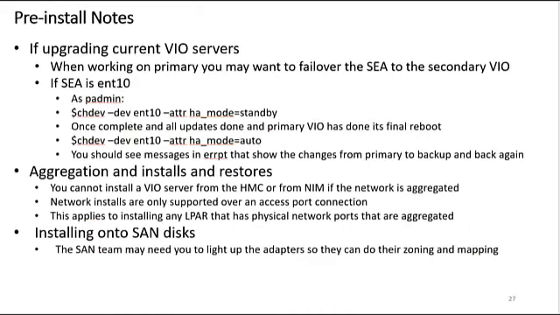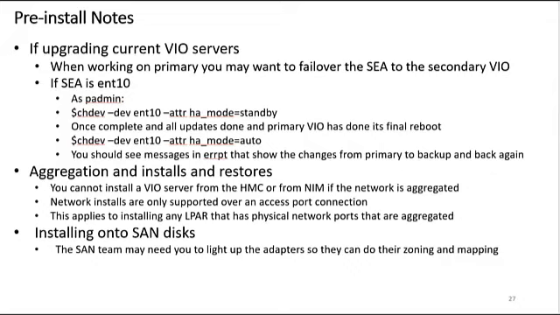One of the things that I've found is if I'm upgrading current VIO servers, yes, we have SEA failover and it will fail over, but I actually like to force the failover when I'm working on the primary. When I'm ready to actually reboot the primary, or if I'm putting I/O firmware maintenance on the primary, then one of the things that I will do is I'll change the SEA into standby mode.